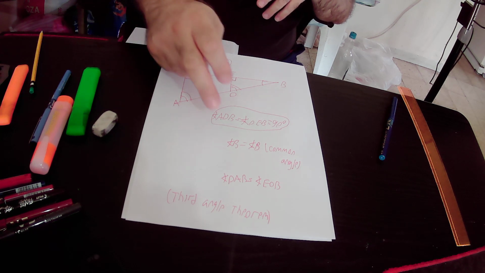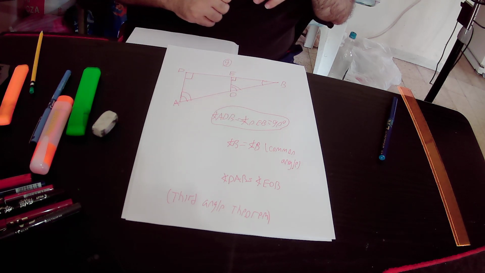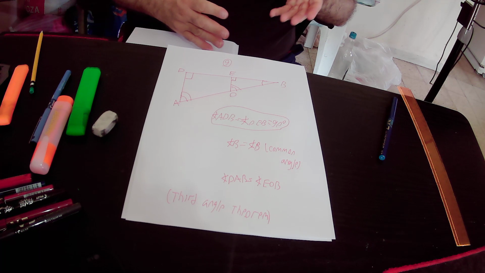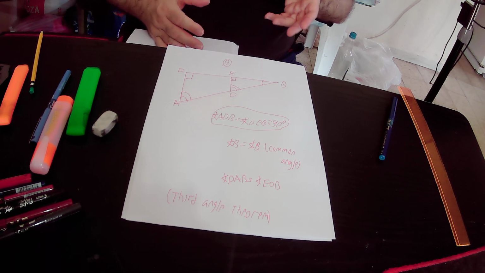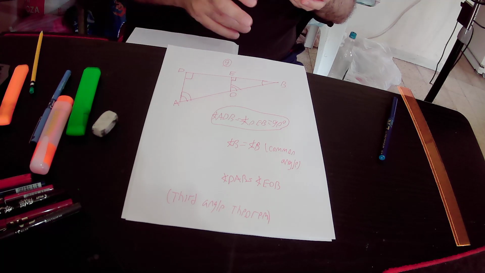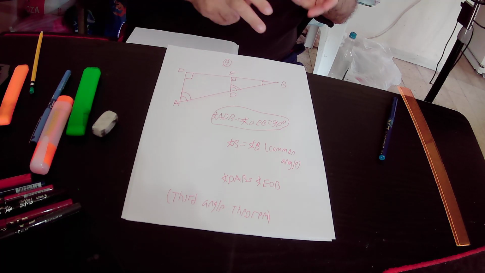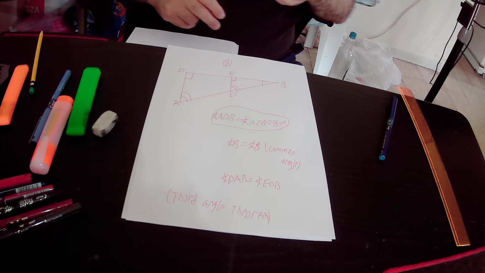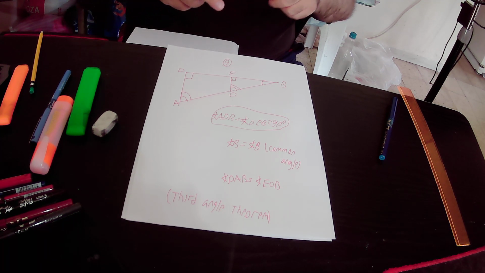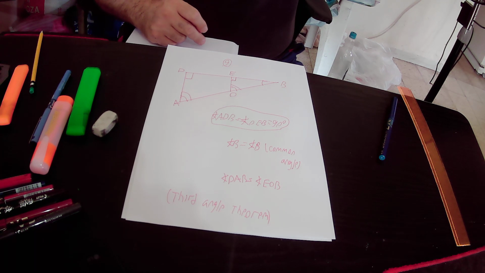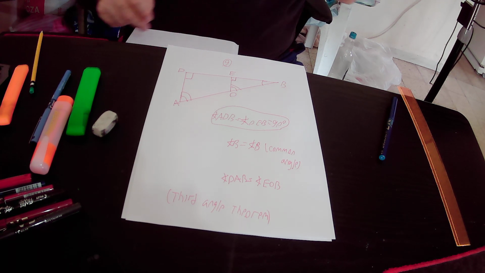That is the third angle theorem. So we actually proved that all the angles in the big triangle, triangle ADB, are equal to all the angles in the small triangle, triangle EOB. Therefore, those two triangles are similar to each other according to angle similarity.